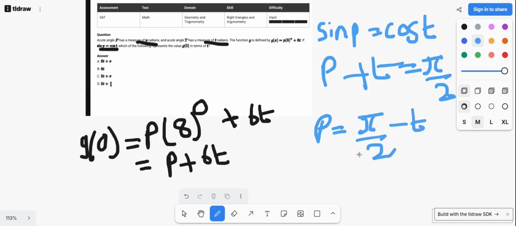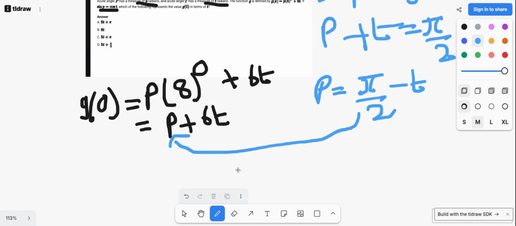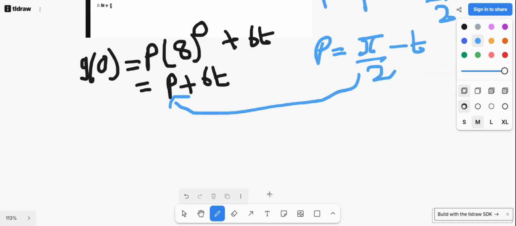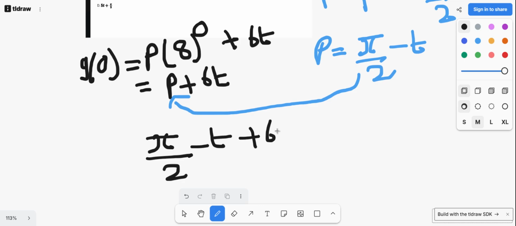So the only thing left is to plug it in for p. Okay, let's go back here. And p is pi over 2 minus t plus 6t.